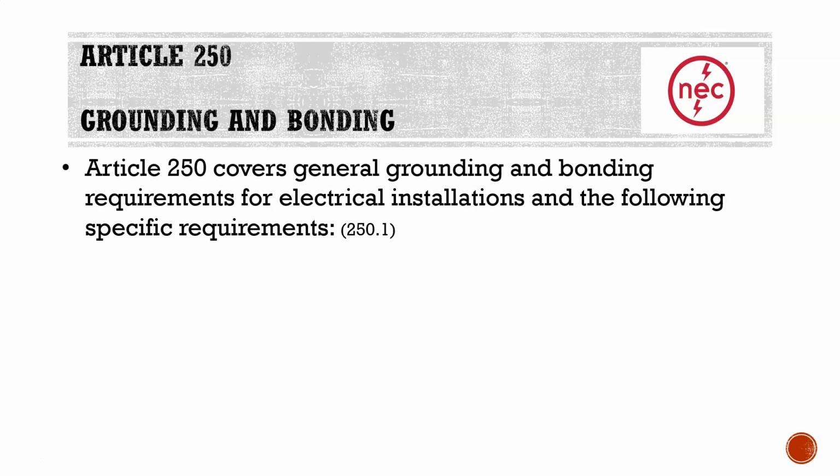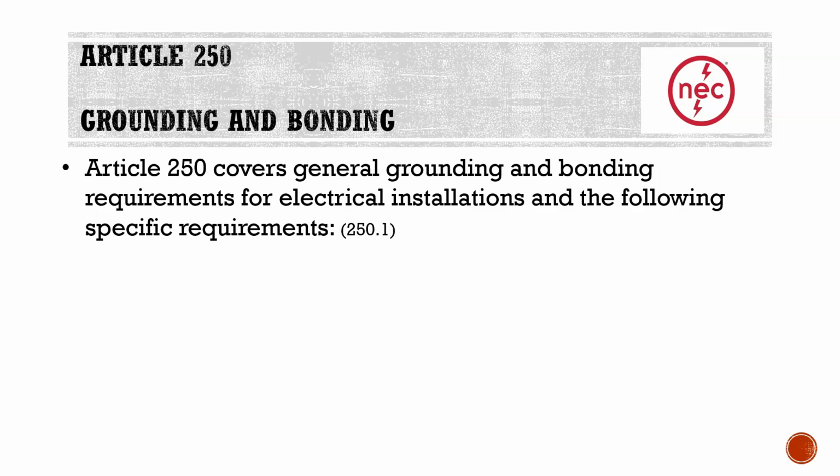Starting off here at Article 250, Article 250 covers grounding and bonding. To point out again our definitions, these are two separate things. We'll be talking about bonding in a different lecture. Article 250 covers the general grounding and bonding requirements for electrical installations and the following specific requirements.